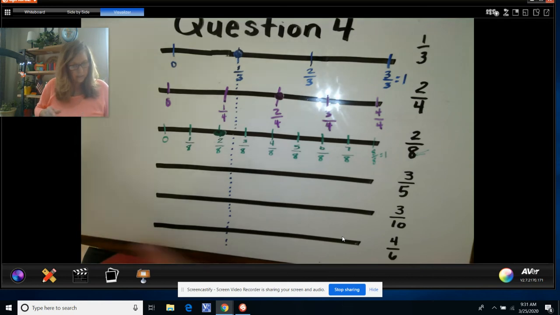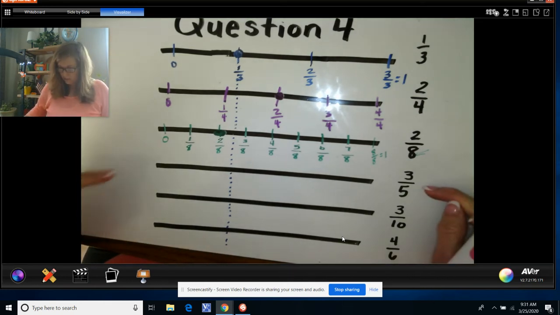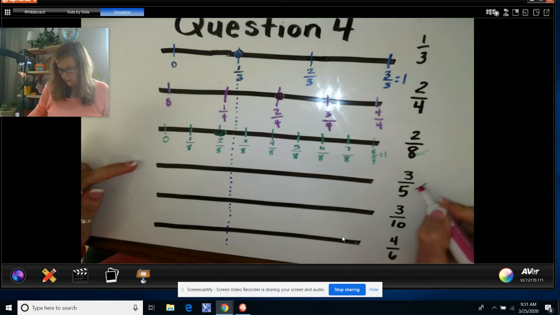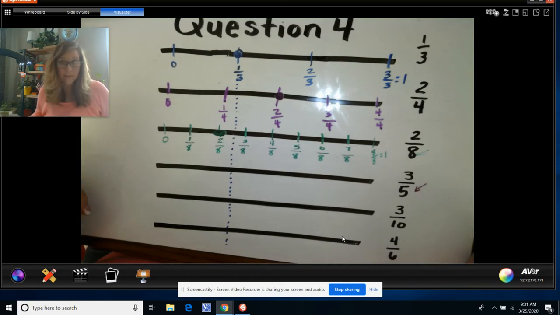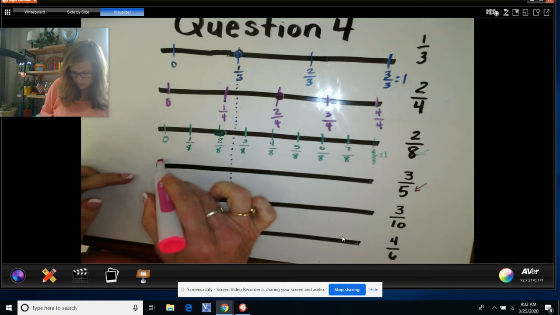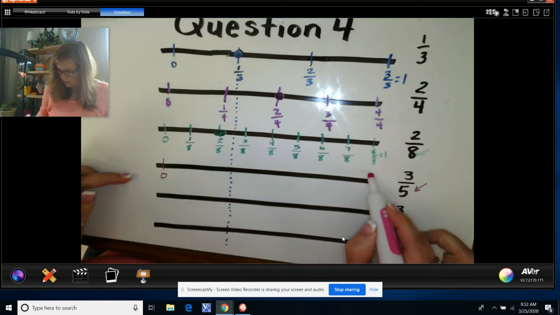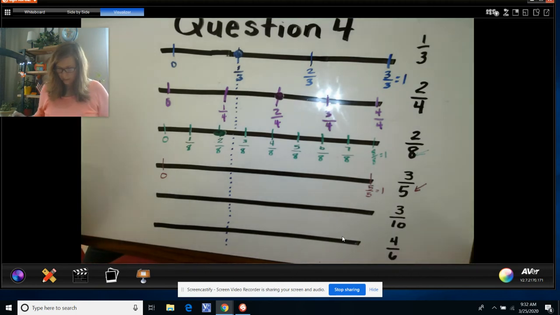Let's mark where 3/5 is. So this number line is going to be broken into how many parts? Everybody say 5. You're right. 5 parts. Here's our 0. Here is 5/5, or 1, because this is our 1 whole. And now we got to break it into 5 equal parts.